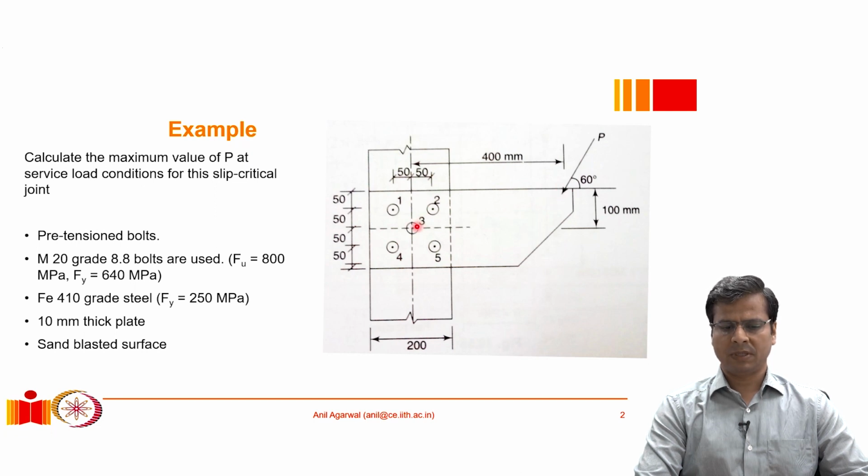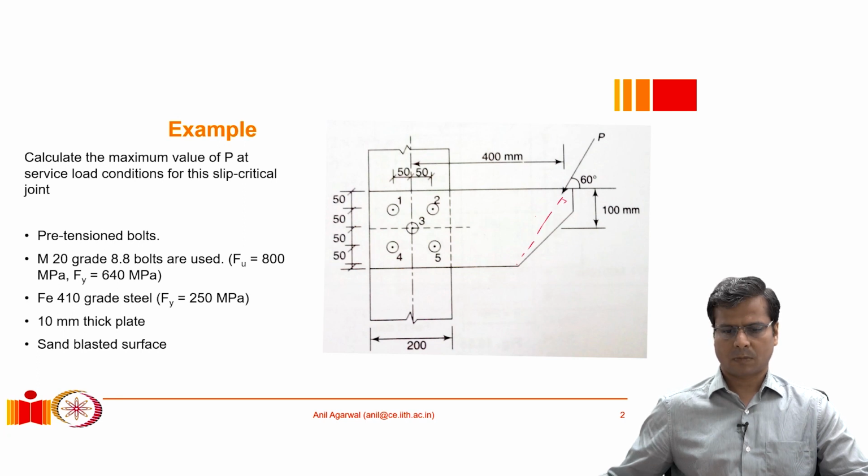So if we see here in this particular case, the way this load is applied, if I extend the line that is passing through this load, let's say it passes from here, right? Then from the centroid, it has some net eccentricity, which will be the perpendicular line drawn from the centroid to this extension line, right? So this angle will be 90 degrees.